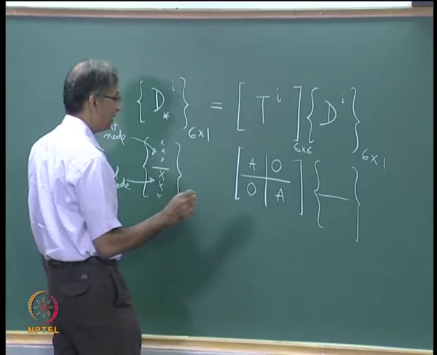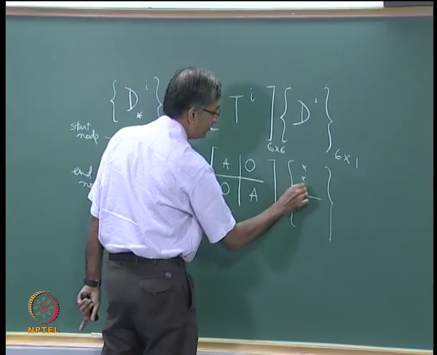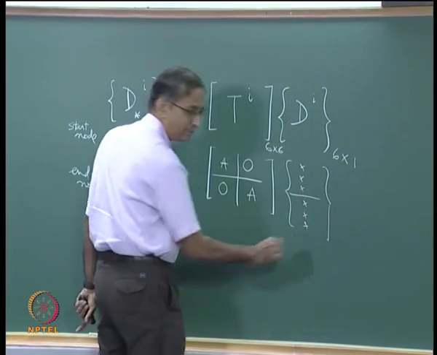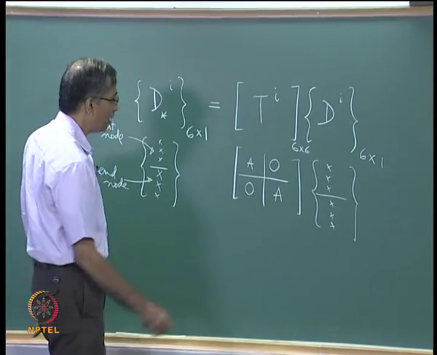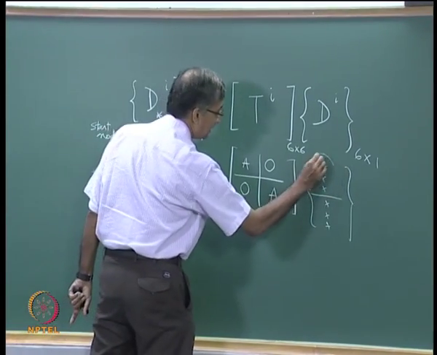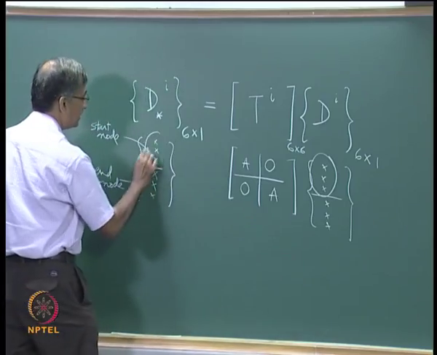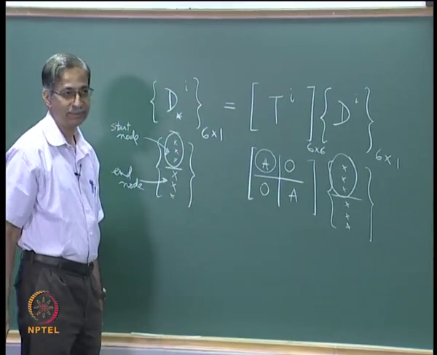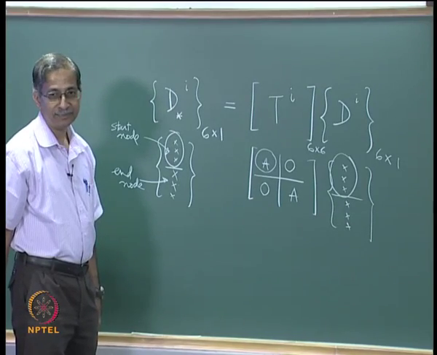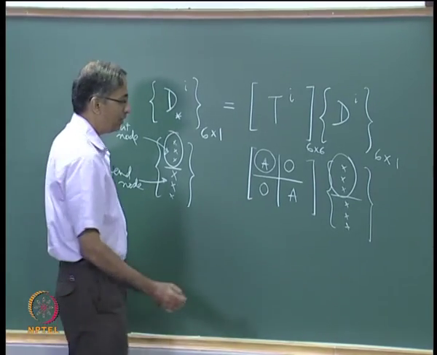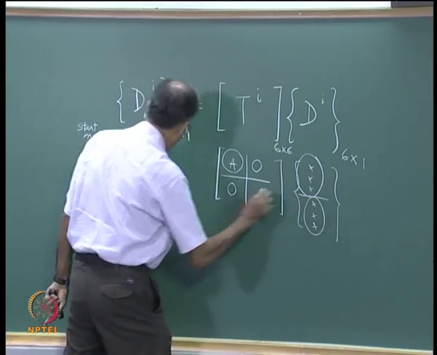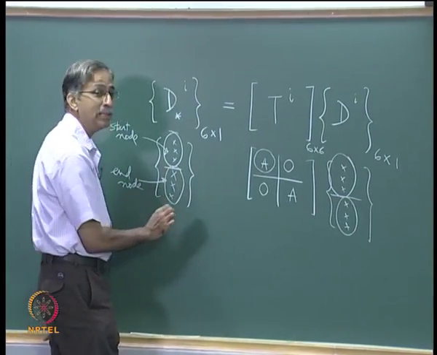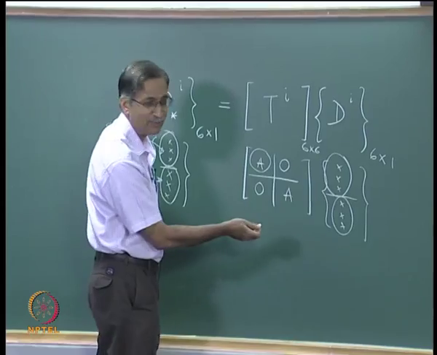Let me explain. You have 3 by 3 here. Now this is related to this through this transformation, right? This will be related to this through a similar transformation, isn't it?